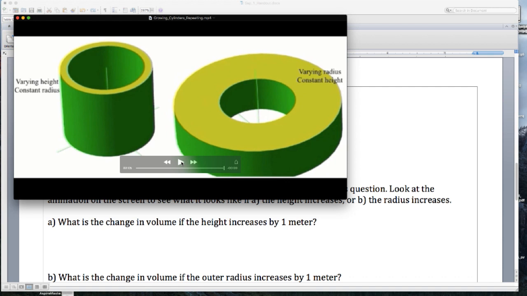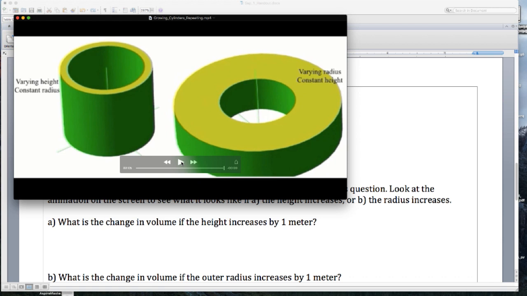Make sure, what's the initial volume for both problems? You should get about this. If you're getting around this, then you know you got your initial volume correctly. Height increases by 1 meter.